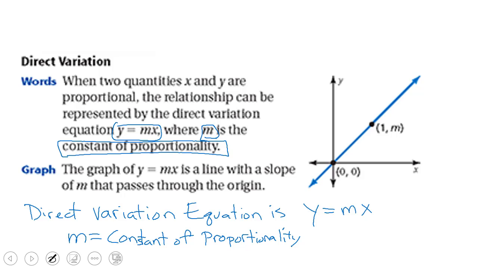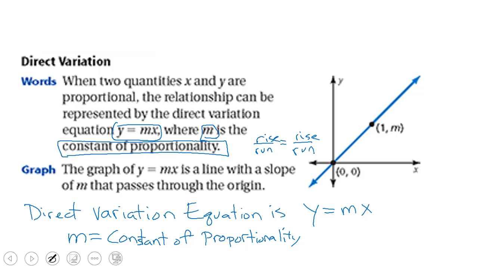So m, slope, can also be called the constant of proportionality, rise over run. And we know in a proportion, we have a ratio equal to another ratio. So you write that ratio as a slope of the rise to the run, and they're going to be proportional. Makes only sense.